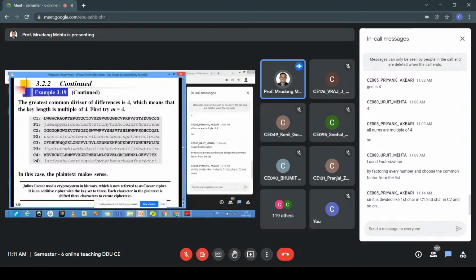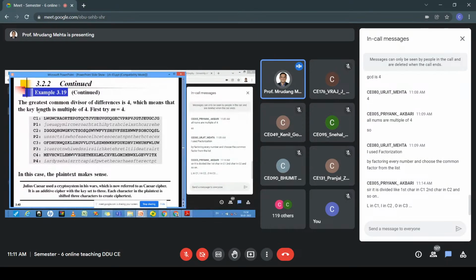Right now we are dividing it with m equal to 4. It is not the first character, it is the first line of encrypted text. This is the second line of encrypted text. L in C1, I in C2.